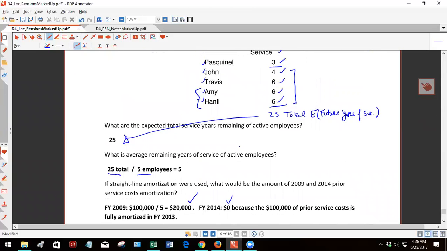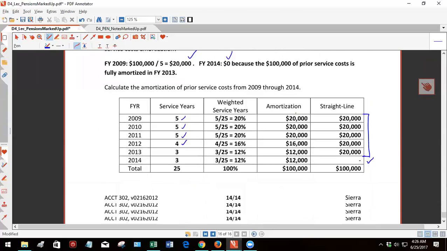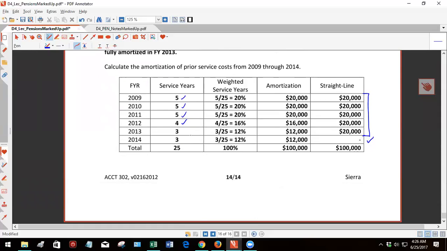And then John retires, so now you're down to 3 employees. And they're all going to retire together. So we go 3 and 3 for the last 2 years. 3 over 25 is 12%. You take 20% times 100,000 is 20,000, 20,000, 20,000, 16,000, 12,000, 12,000.